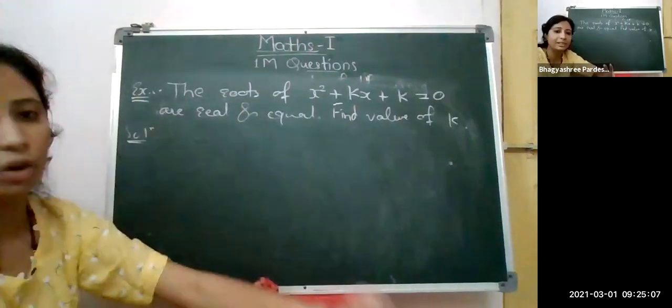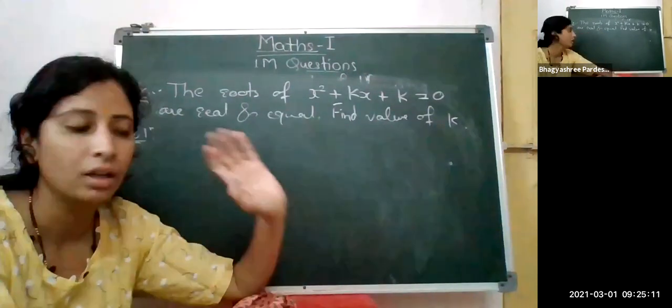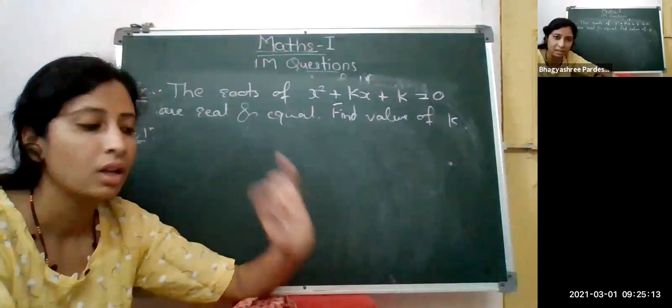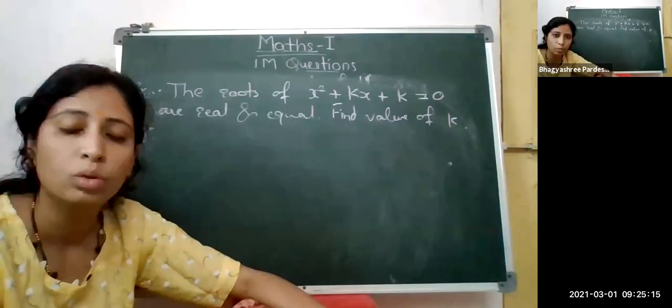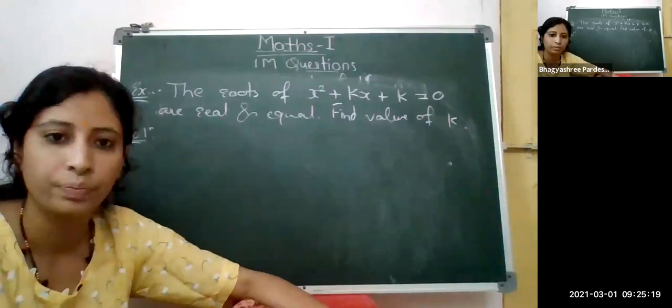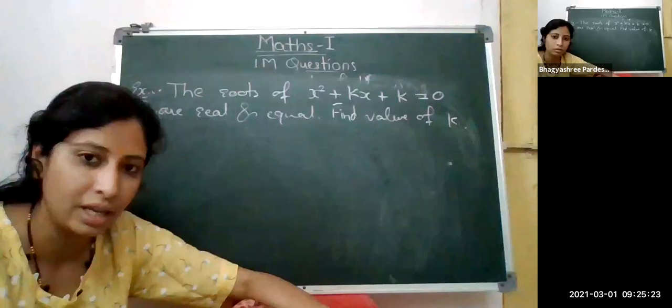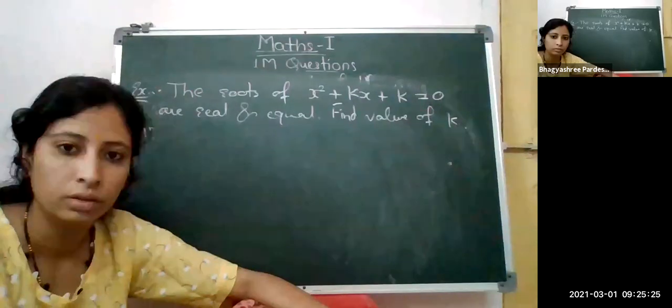So I have told you already that this is based on the discriminant. So who is going to tell me what is discriminant, and if the roots are real and equal, so what will be the value of discriminant here? Yes, who can say this one? Yes, who can answer this one? No one.